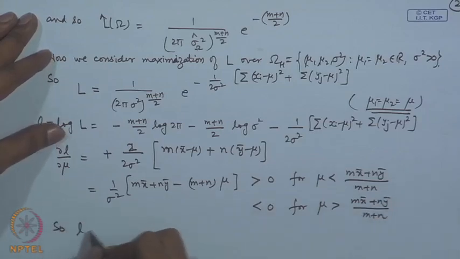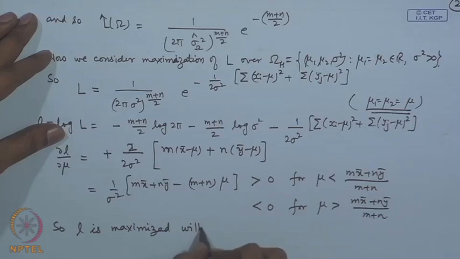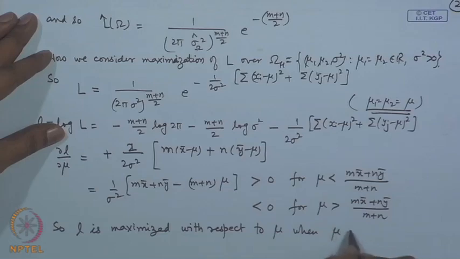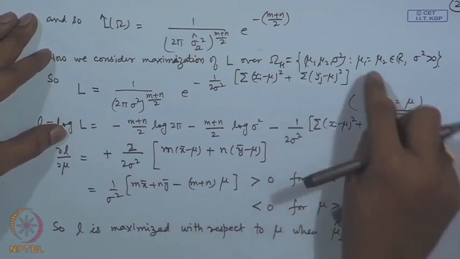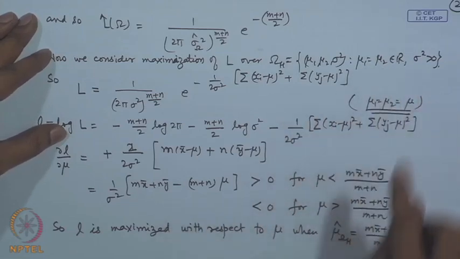So, L is maximized with respect to mu when mu is, so we call it mu hat omega hat, equal to (m x bar plus n y bar) divided by (m plus n). So, this is the maximization of L with respect to mu when the null hypothesis mu 1 is equal to mu 2 is true.